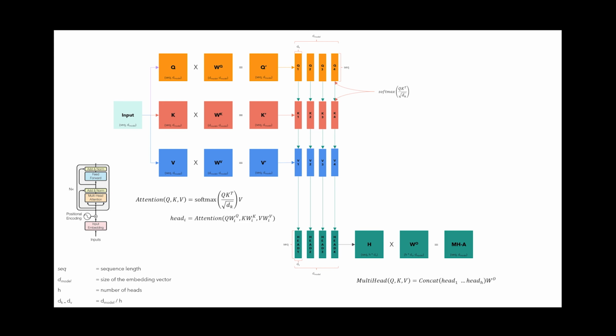When we calculate the softmax of Q multiplied by K transposed and divided by the square root of dk, this results in a matrix exactly like the one we saw before, a matrix of sequence by sequence, in which we can see a score. This score tells how intense the relationship is between that word and another word. And this attention can be visualized.